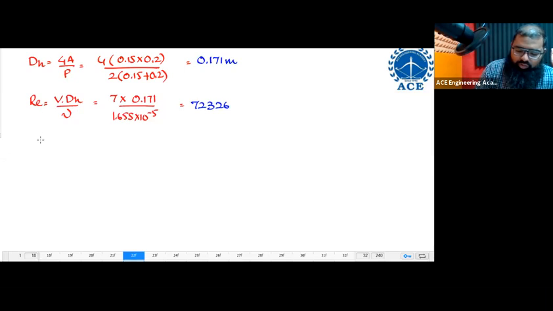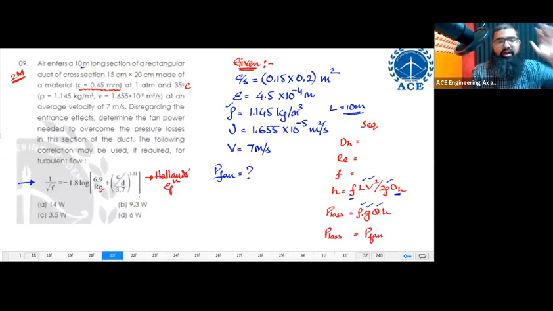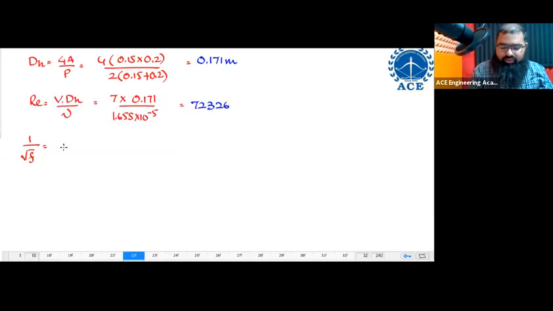Now I want you to use this to get the value of f. 1 by root f formula, you use from here. Whatever formula you're having, use from this particular slide. Get me the value of f. Now this will take some time for you probably. Get me the value of f up till 4 decimal places. Again, I'm emphasizing, I need 4 decimal places.